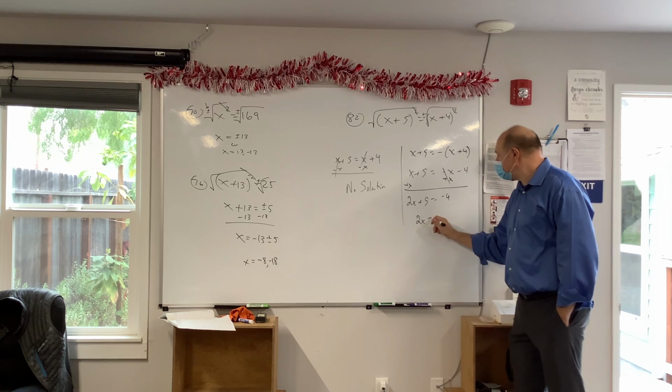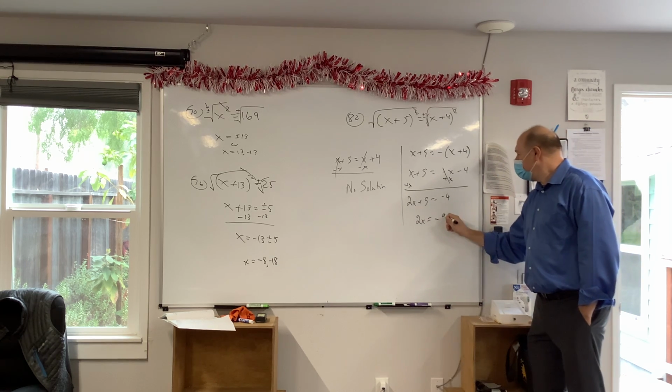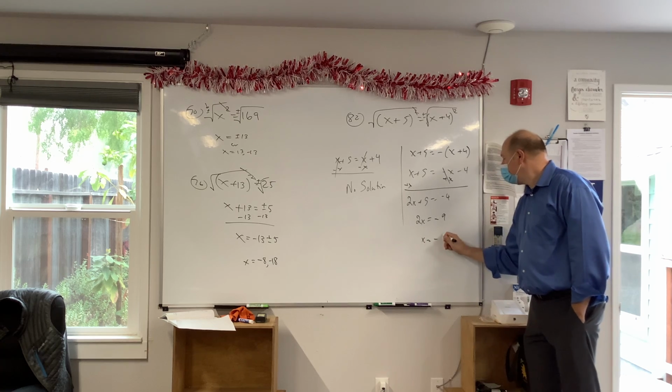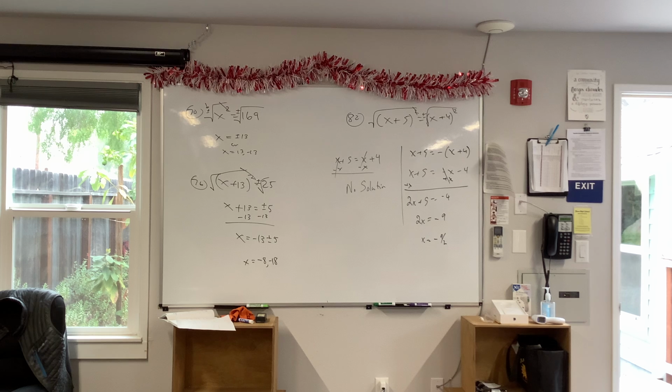And you guys are sophisticated Algebra 2 students, so you can move things in your mind. Negative 9. Negative 9 halves, are we good? Okay, the square root method, we're good?